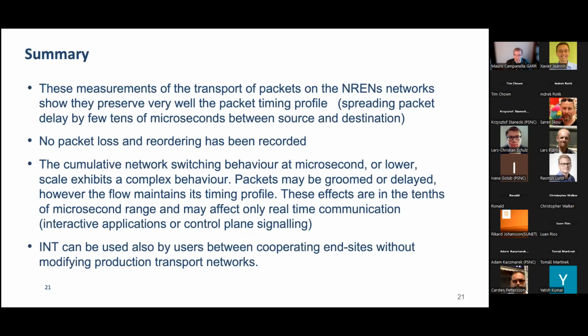The first conclusion is that according to these measurements, which are of limited size and limited duration, but we did some more extended measurements, even up to 4 hours, and the behavior stays the same, the transport network we have behaves very well in terms of modifying the timing profile of a user-generated flow from at least 4 countries in our NRENs.